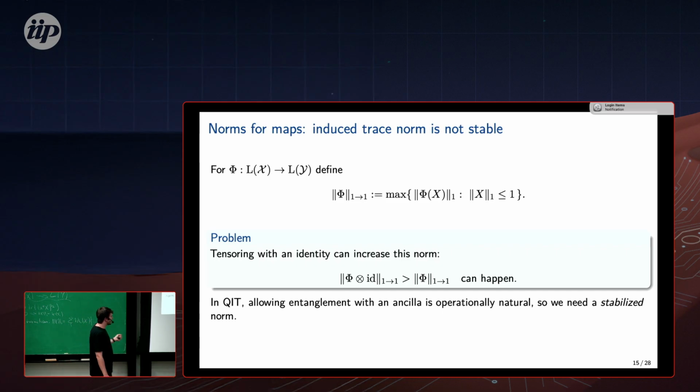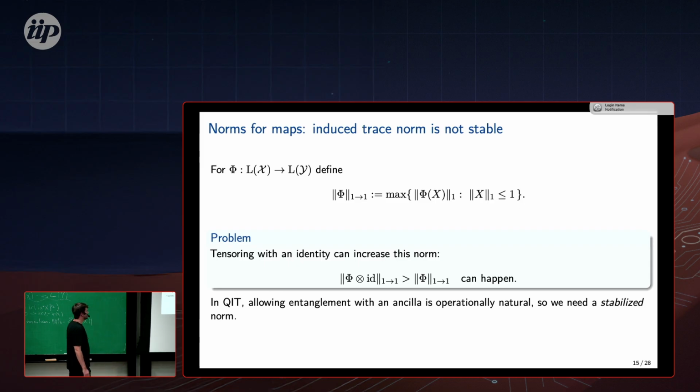And if you think in terms of differences of channels, this gives you a way of telling you how distinguishable two channels are. And the fact that if I look at this norm and I tensor it with the identity, sometimes this can be larger than this norm means somehow that once we allow for entanglement, then we can also increase the distinguishability between different maps.